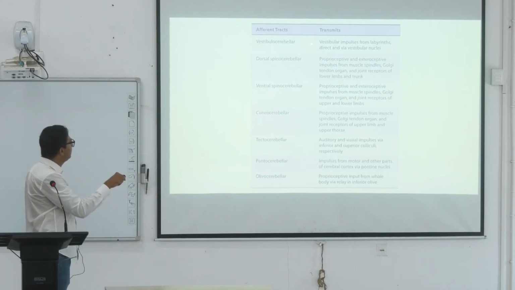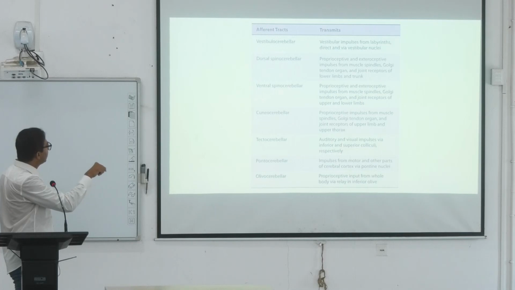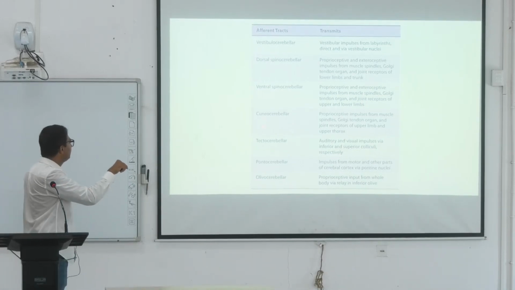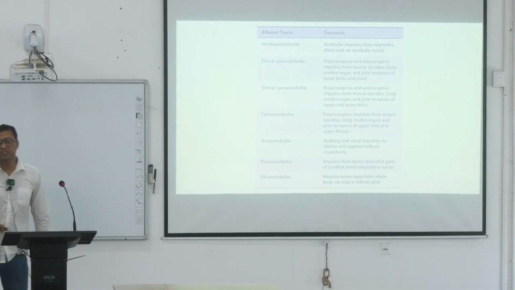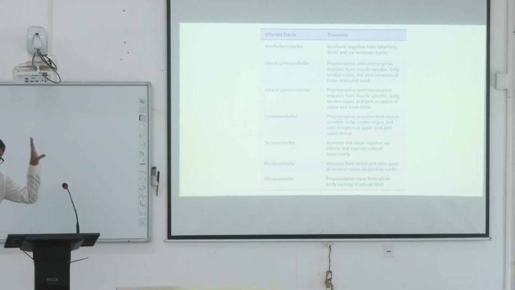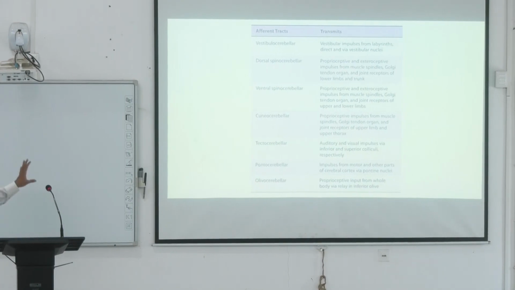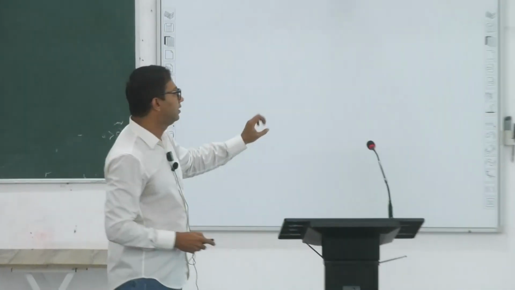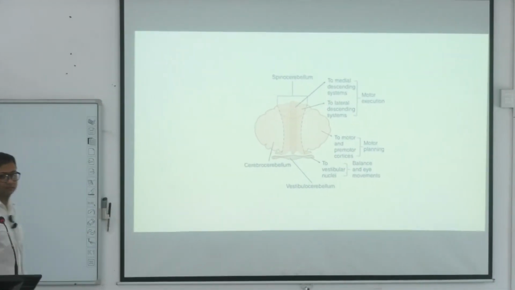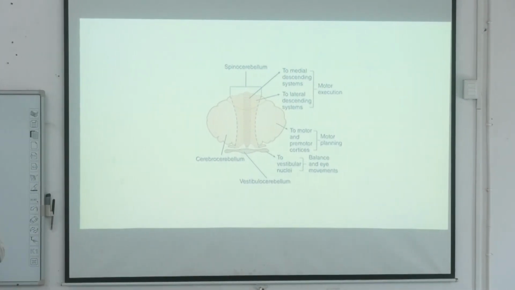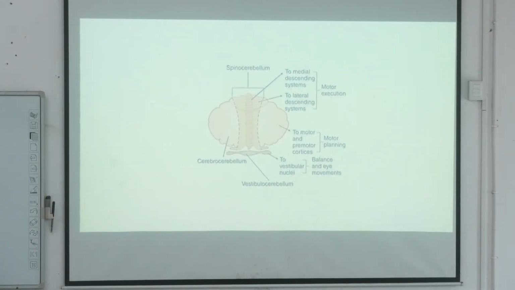It is vestibulocerebellar, spinocerebellar dorsal and ventral, cuneocerebellar, tectocerebellar, pontocerebellar and olivocerebellar, right? So these are afferent tracts coming to cerebellum, and this one is efferent tract going from cerebellum, right?